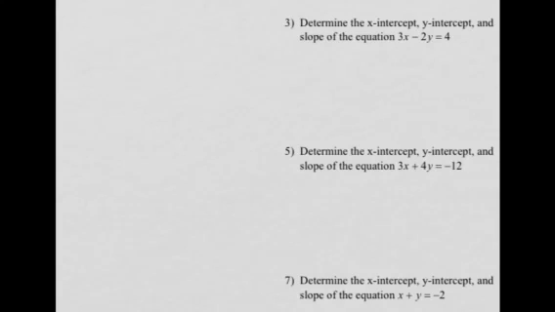Well, now let's try the same thing, only we'll use a different equation. This equation is 3x minus 2y equals 4. Just like before, we're going to start with a t-chart, x and y.